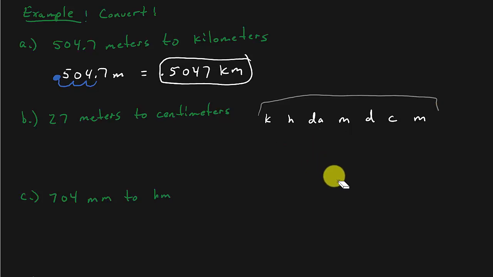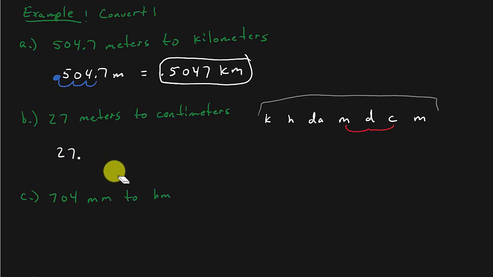All right, let's look at the next one. So we've got 27 meters, and we want to go to centimeters. So I'm here at meters, and I want to go to centimeters. That's 1, 2 places. Now, which way did I go? I went to the right. So I've got to move 2 places to the right. Remember, it's understood there's a decimal there.